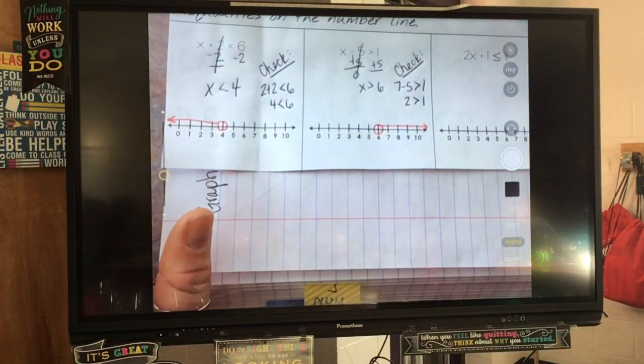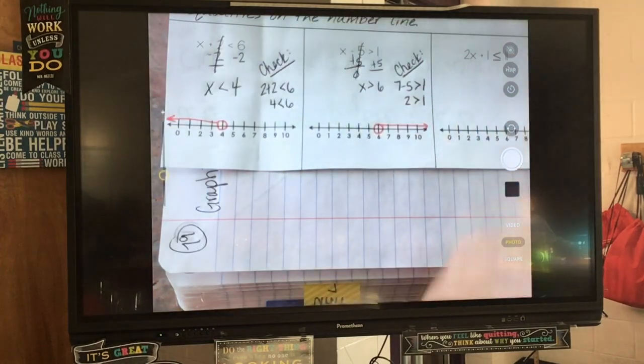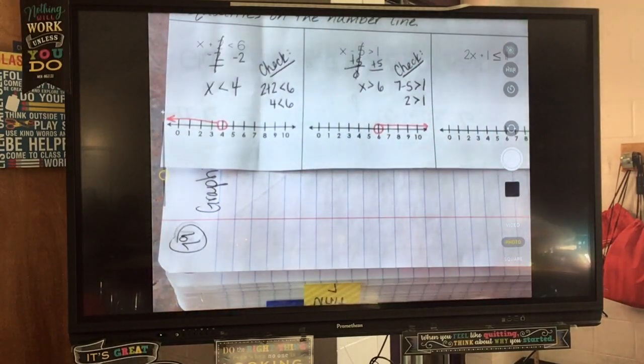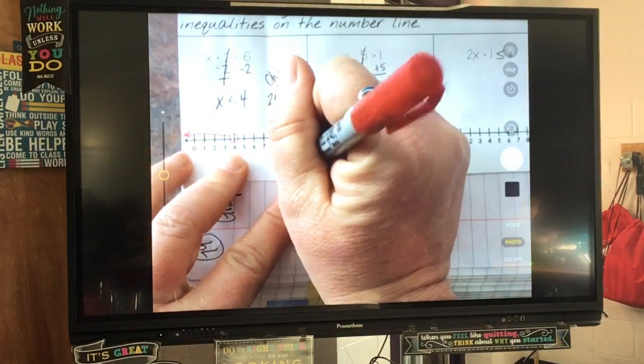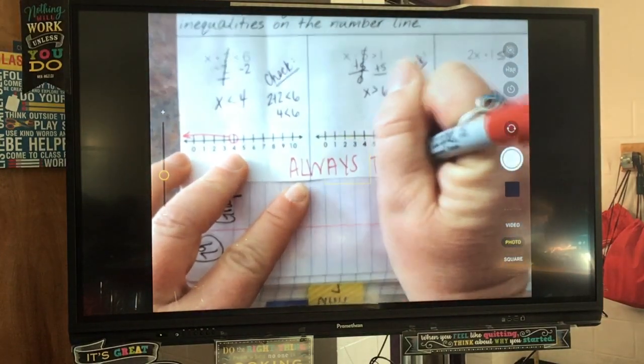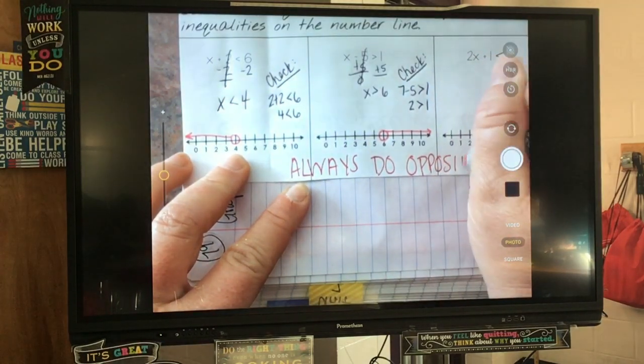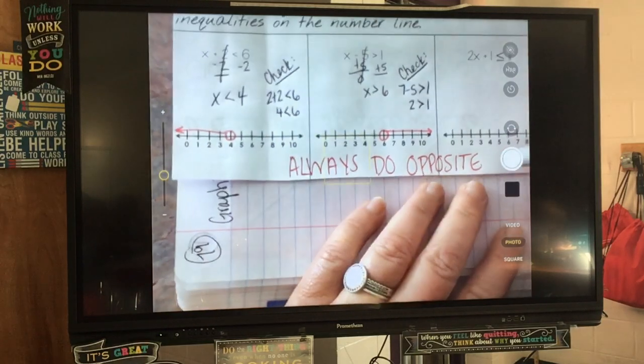So, in a color that's going to stand out to you a little bit, at the bottom of your foldable, always do opposite operation.